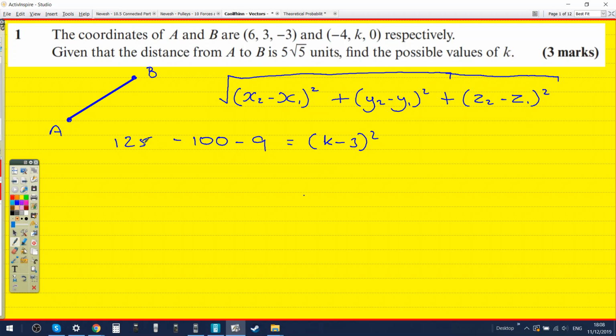And so that's 25. That was 16, was it? Yes. And so when you square root both sides, at this point, it's plus or minus 4 is equal to k minus 3. Yeah, okay.